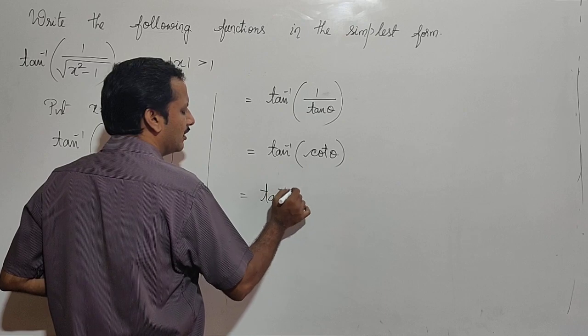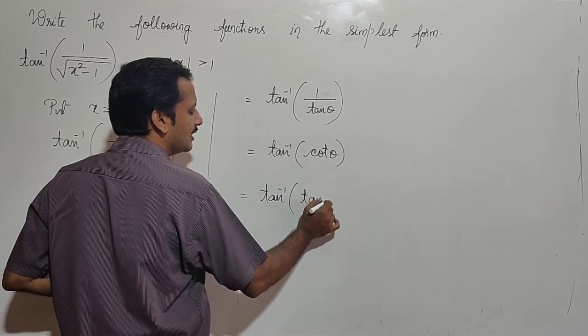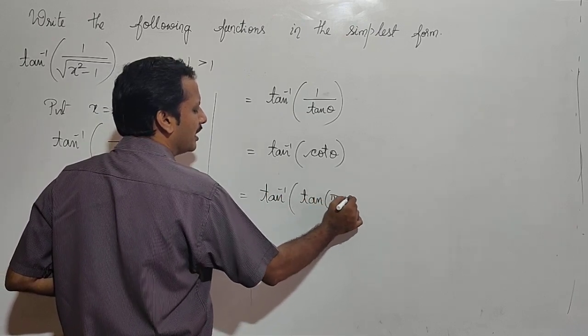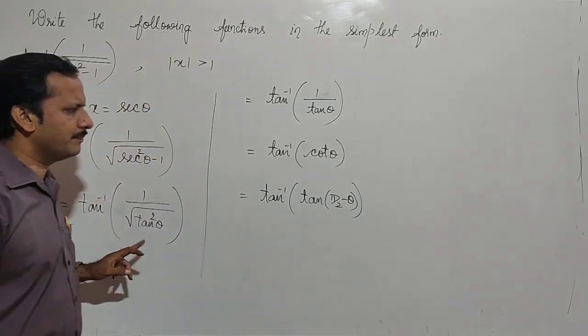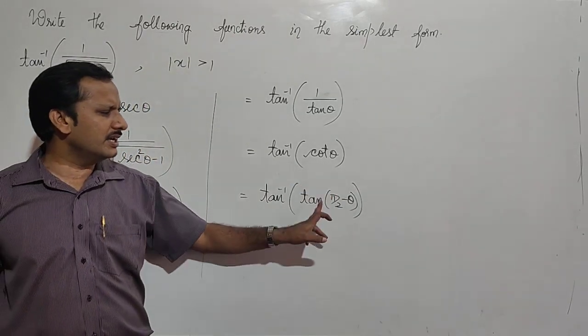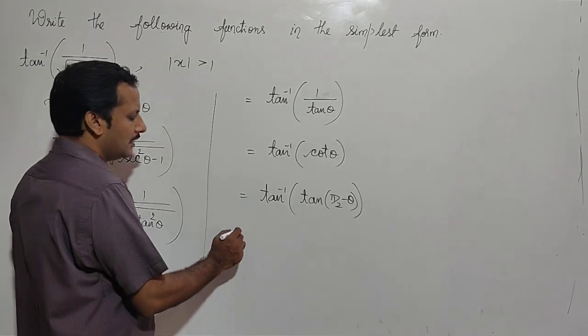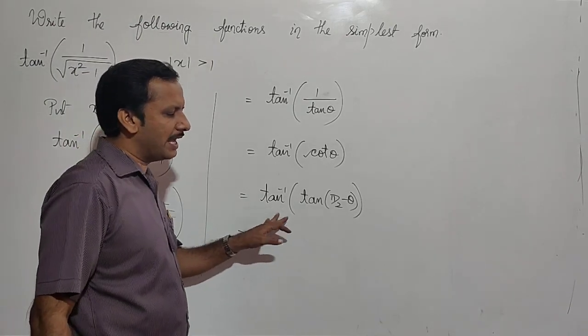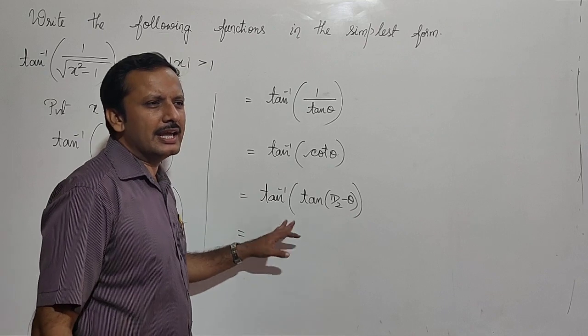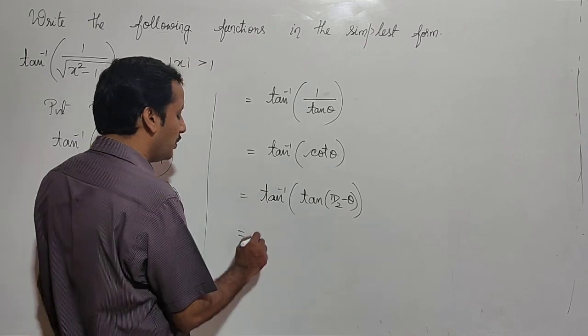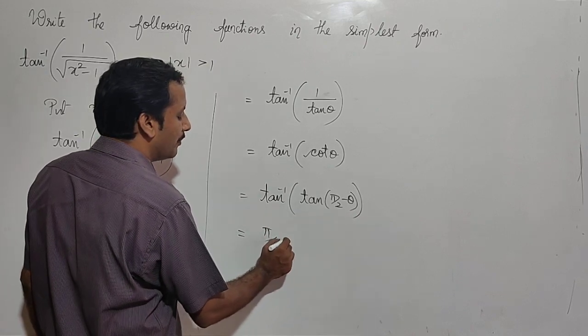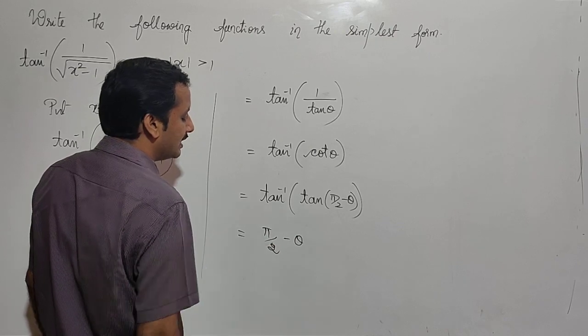I will write cot theta as tan of pi by 2 minus theta. That's equal to, see here we have tan inverse of tan y. Tan inverse of tan y is equal to y. So that will give you pi by 2 minus theta.